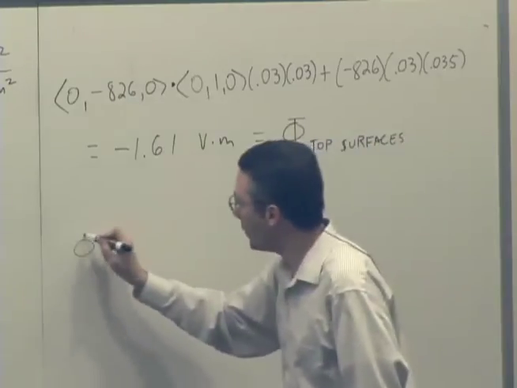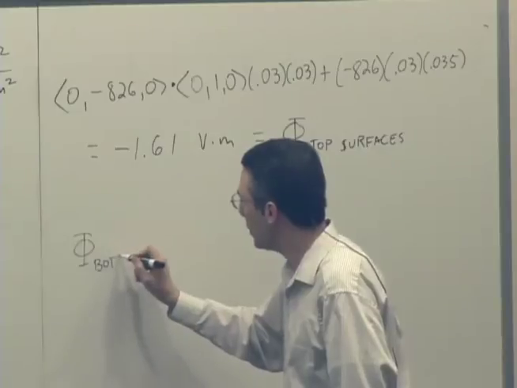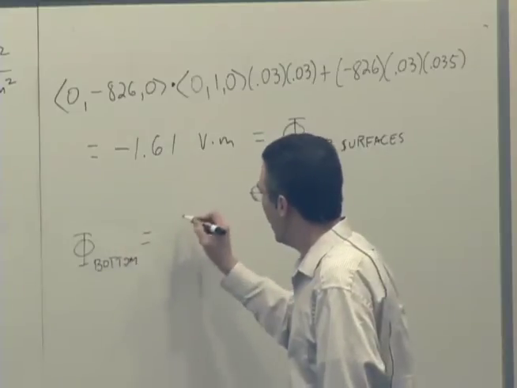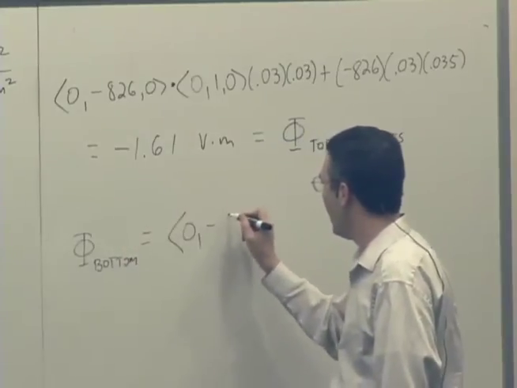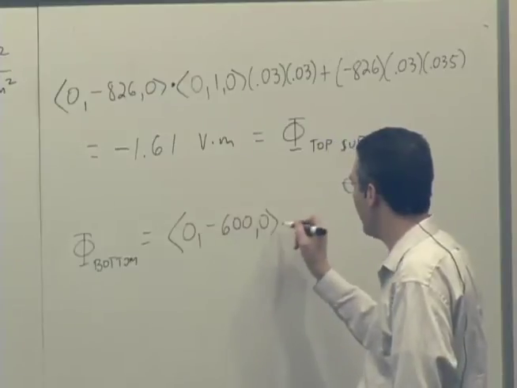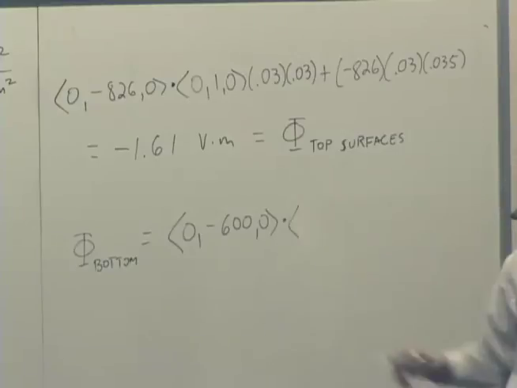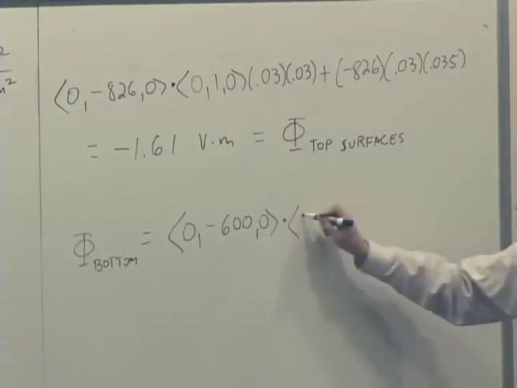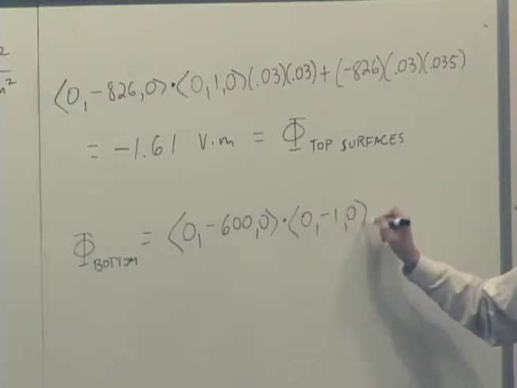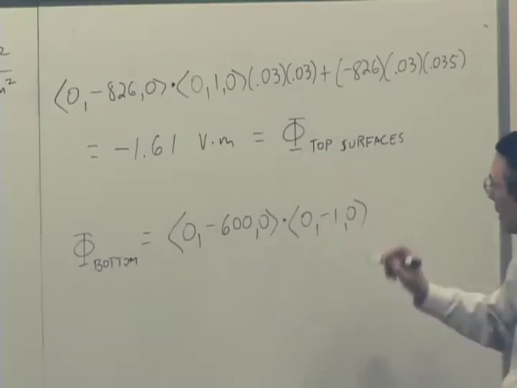And then you have the flux on the bottom surface, which is 0, negative 600, 0, pointing in the downward direction. But what's the direction of n hat on the bottom? 0, negative 1, 0, right? So we're going to get a positive flux on the bottom. The signs will cancel.